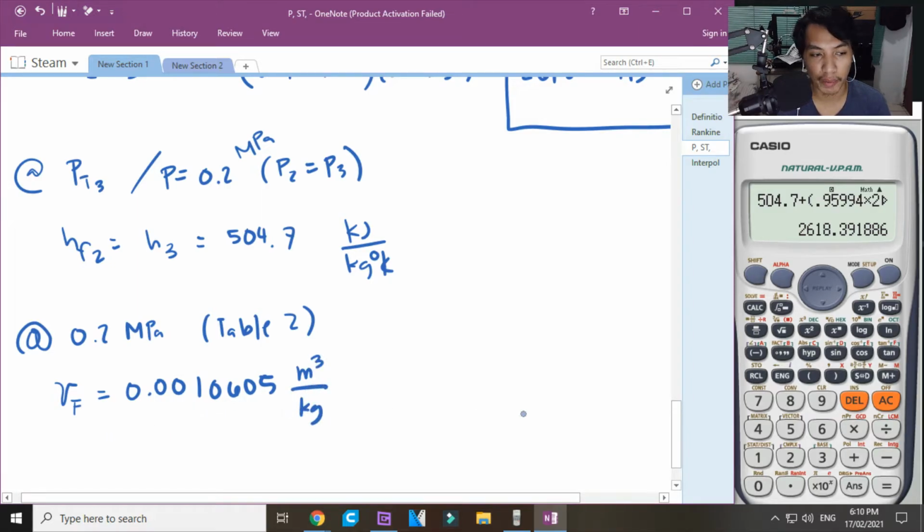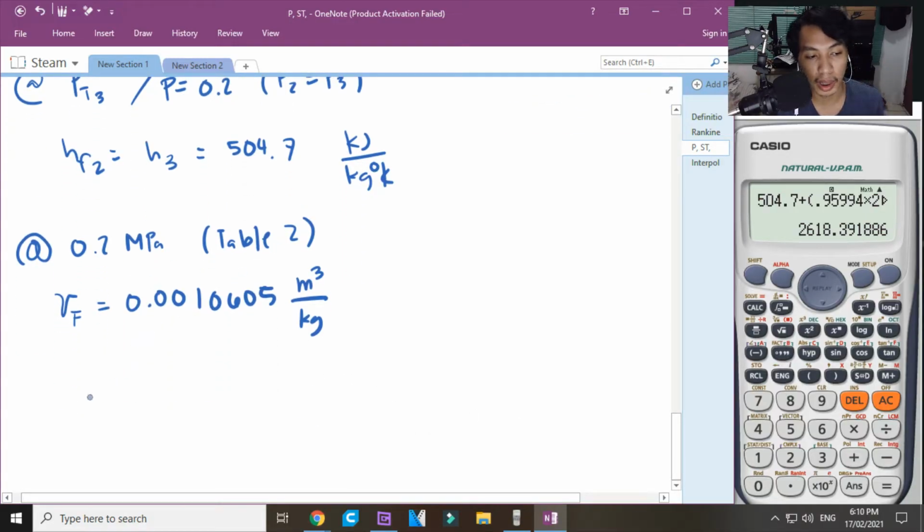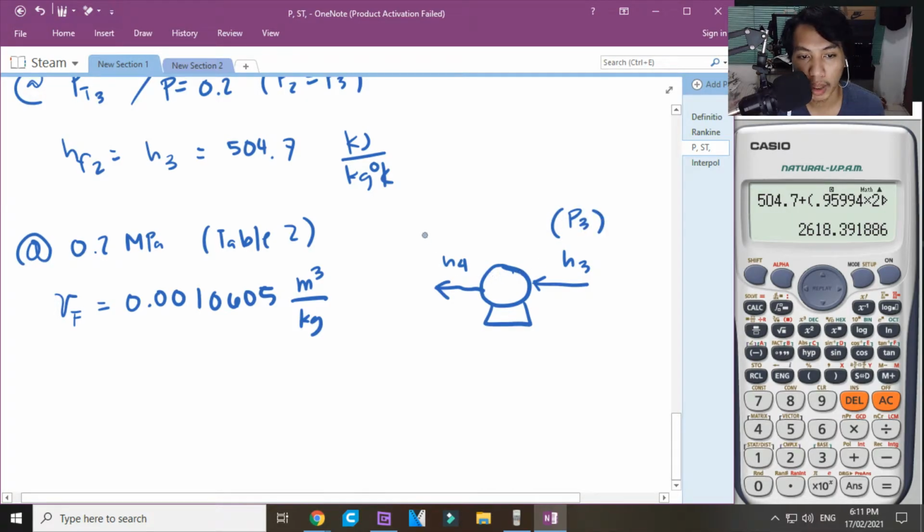And that is VF. Now, what have I taught you nung nakaraan, pagdating ng ating Rankine, that if you draw this one, yung pump mo, isusupply dito sa pump mo is H3 at pressure 3, and H4 at pressure 4.